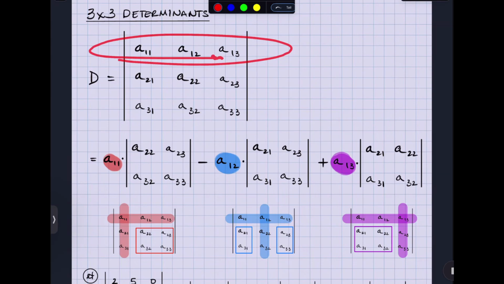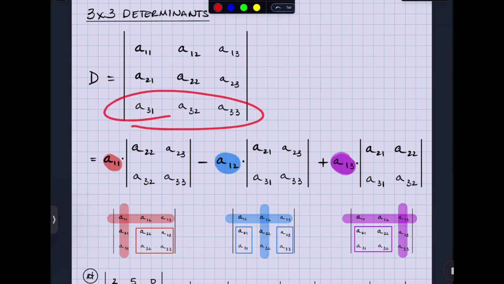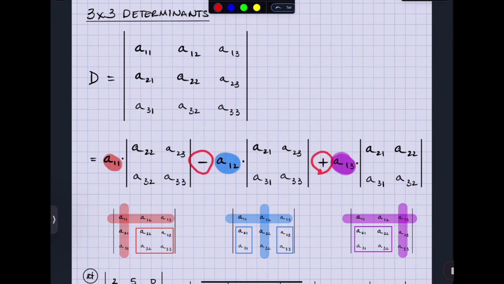You will see in other textbooks that they might choose only the middle row or only the bottom row, and because of the rows chosen, these signs would change. Does that make sense? Because I decided the first row is always going to be minus plus. I can't remember what it is on the second row versus the third row, but I know the first row is always minus plus.